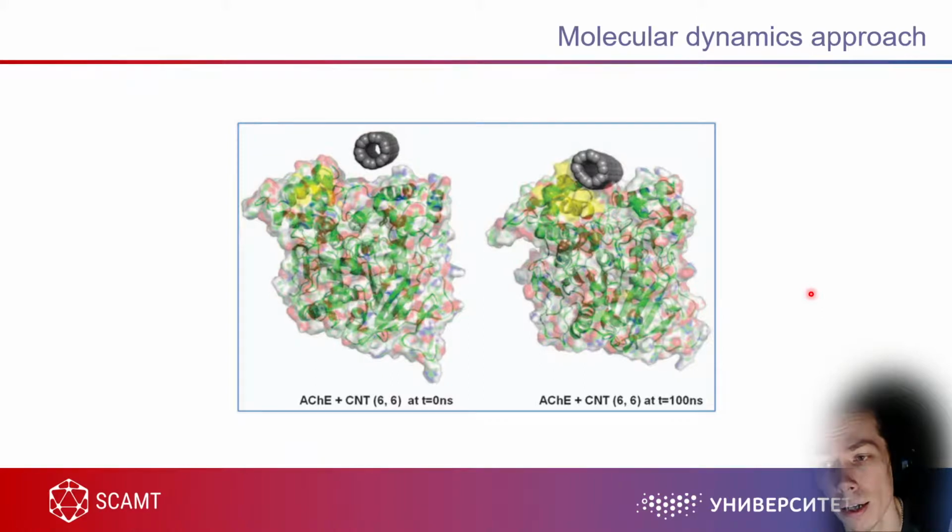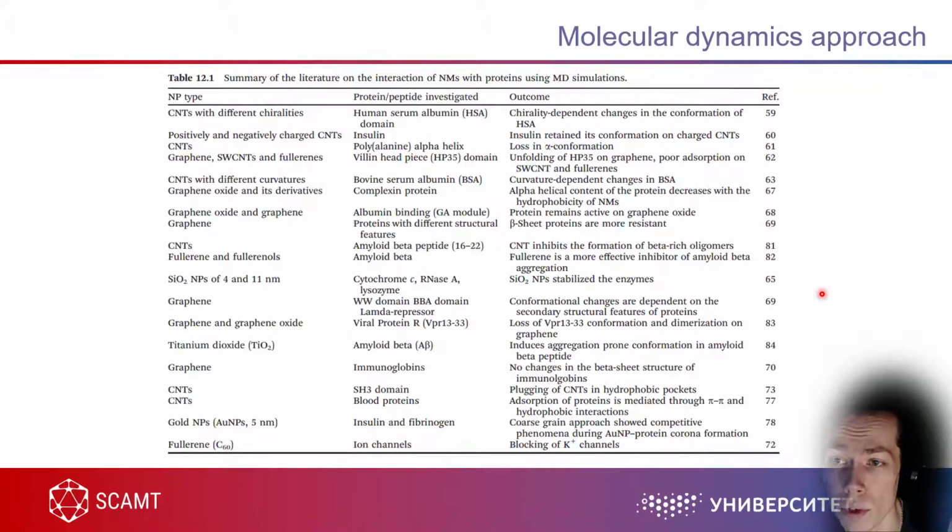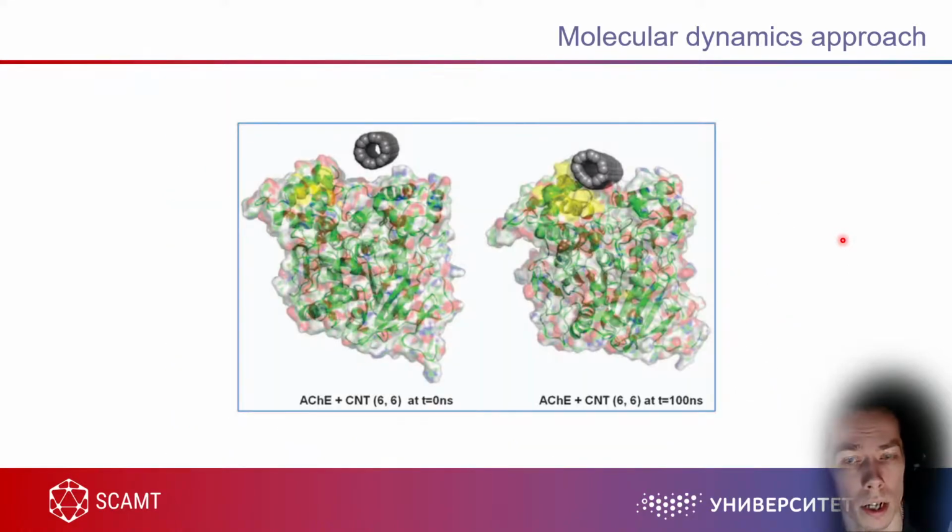Looking nice, maybe you can publish this in high-ranked journals, but a lot of studies were dedicated to the interaction of carbon nanotubes with amyloid beta peptides, which can lead to Alzheimer's disease, and a lot of papers were published on this, and we will discuss a bit later how true this can really be.